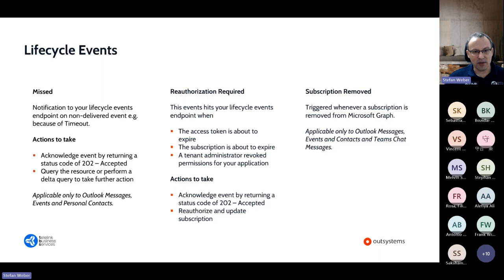Reauthorization required, that's the most important one if you want to extend the lifetime of a subscription. A reauthorization required event is sent to your application whenever the access token that subscribed to a notification is about to expire, or when the subscription lifetime itself is about to expire, or when someone else, like a tenant administrator, revoked permissions for your application.